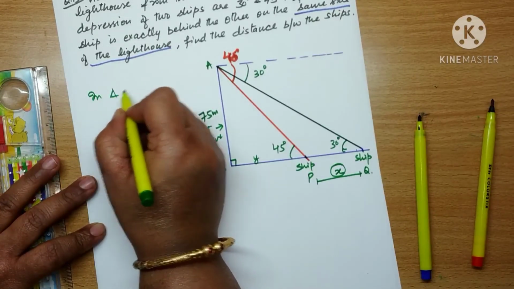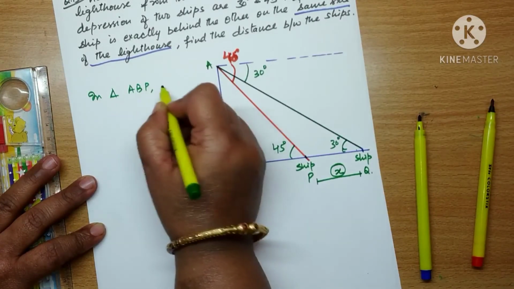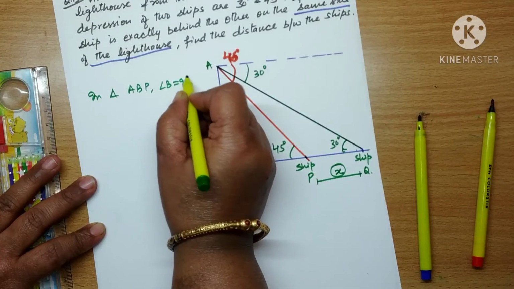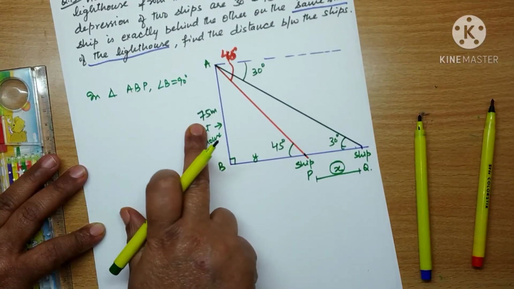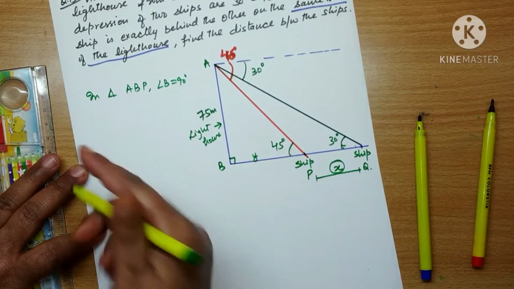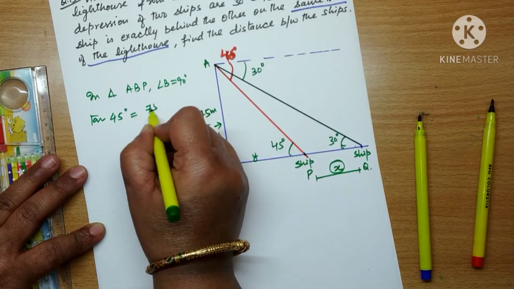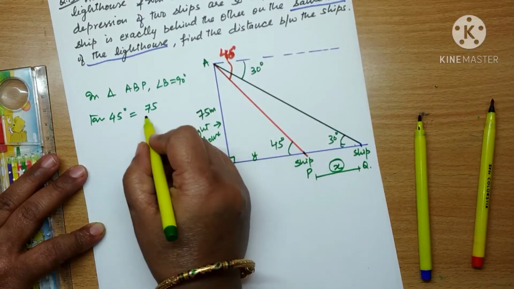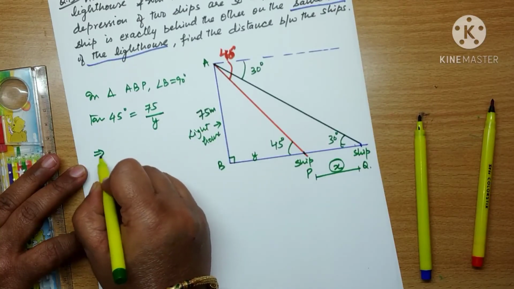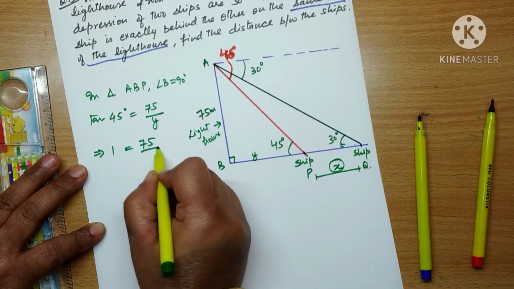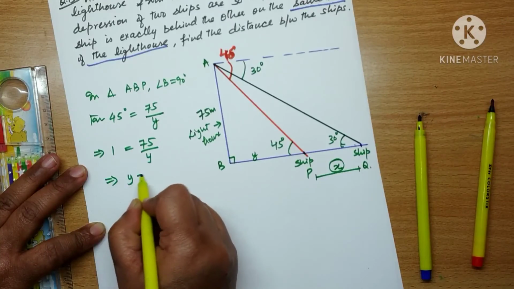In triangle ABP, angle B is 90. So I have perpendicular, I have base, so tangent 45 is 75 the perpendicular and the base is Y. And tangent 45 we know is 1. So I get Y as 75.